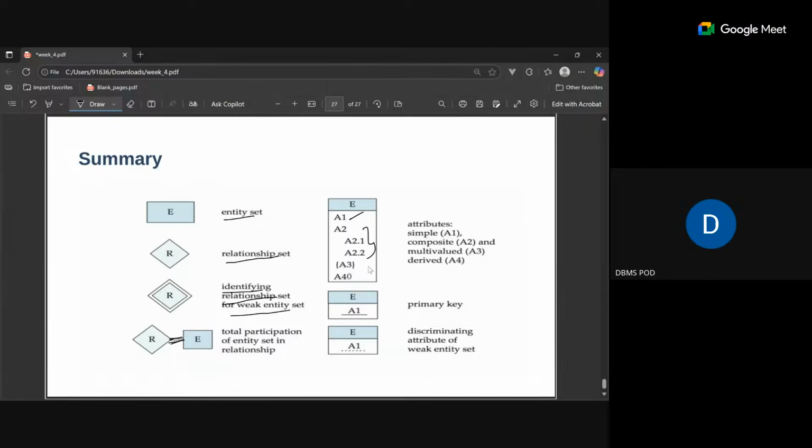And this is a composite one. This is a multi-valued attribute. And this function parenthesis like this is a derived attribute. And if it is underlined, it's a primary key. And if it is dashed like this, it is a discriminating attribute of a weak entity set. You can say discriminator.